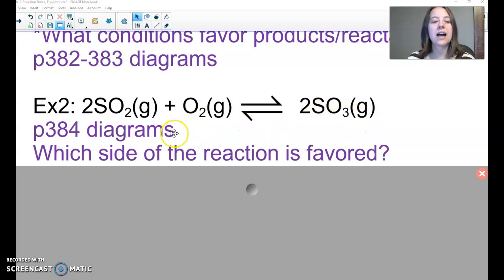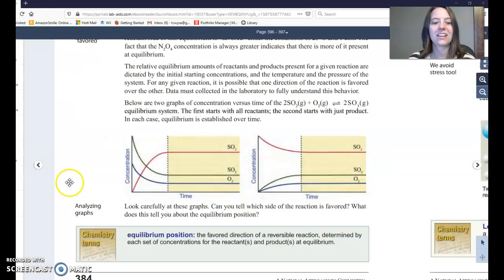So we're going to look at some diagrams and figure out which side of the reaction is favored. So if we start with a lot of sulfur dioxide and some oxygen, we can see as time goes by that those reactants will react and form some of the product, sulfur trioxide. But if we started with a different initial condition, when we started with all sulfur trioxide, we can see some of the product would turn back into the reactants.